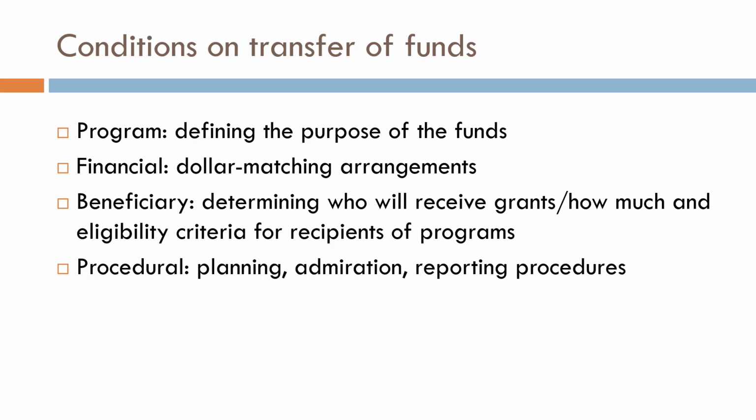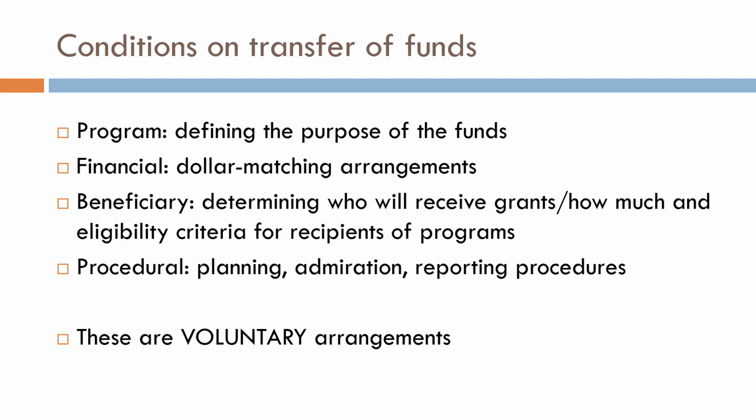One thing to note with all of these conditions and the three types of systems of transfer is that these are voluntary arrangements. In other words, the states and localities don't have to take this money. They could decide, hey, I don't want to have a public assistance program.